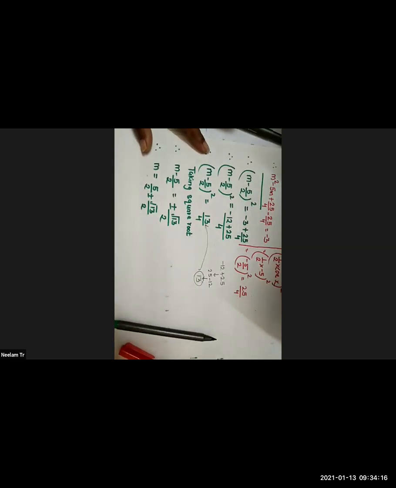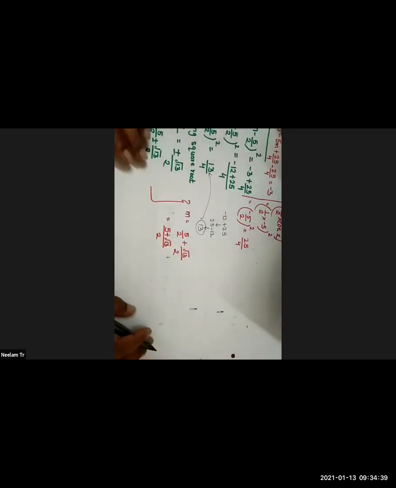Okay. See, this much is clear to you all. Now you will get two roots. One root is m equals 5 by 2 plus root 13 by 2. Finally, you will get 5 plus root 13 by 2.